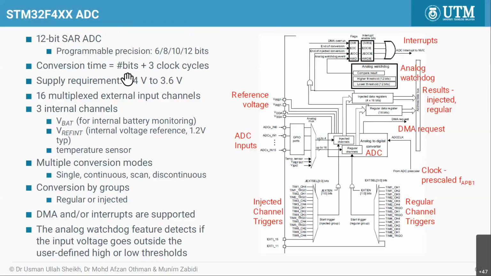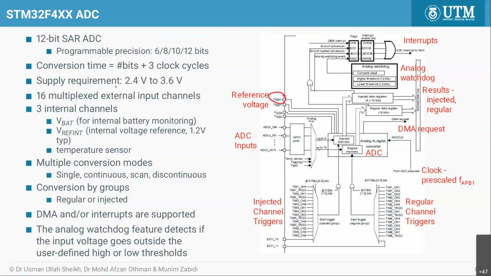And then the supply requirement is 2.4 to 3.6. Okay, this is separate from the supply voltage for the processor. Normally, on the processor we have the VDD or the VSS, right? But for an analog, there's always a pin there called VREF.